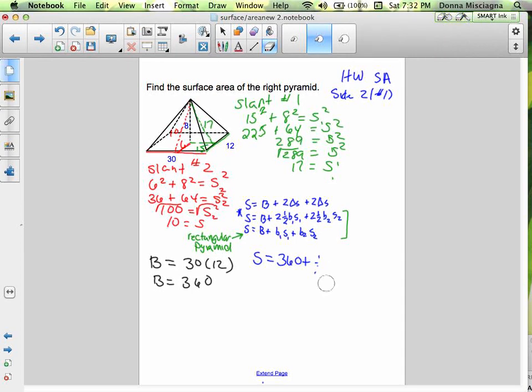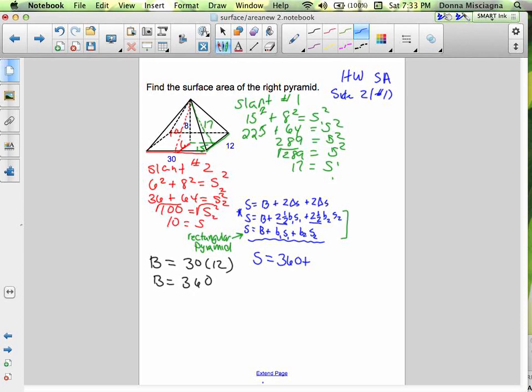There's two triangles, so I need to write down the two. So 2 times 1/2, but do I really need to write that down? 2 times 1/2 is 1, right? So I don't really need to write the 2 times 1/2, because the 2 and 1/2 cancel each other out. Right? So it's 1/2 because it's a triangle.